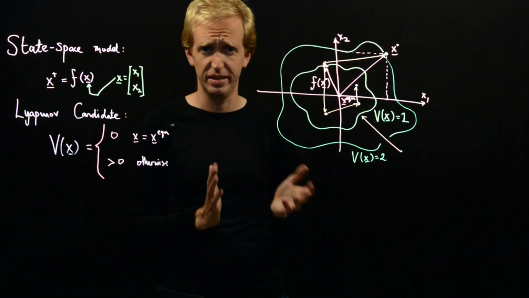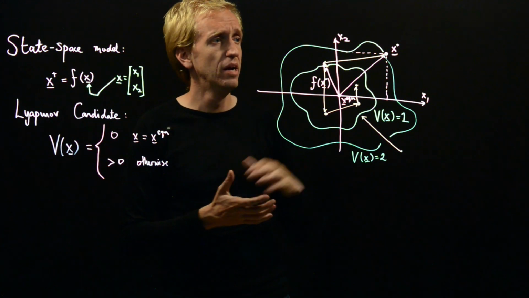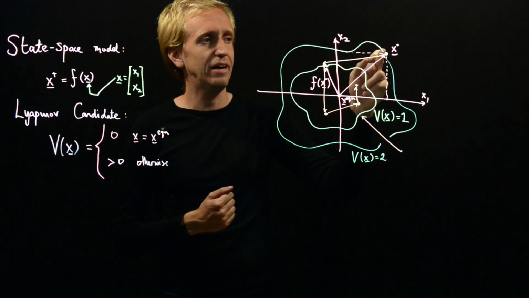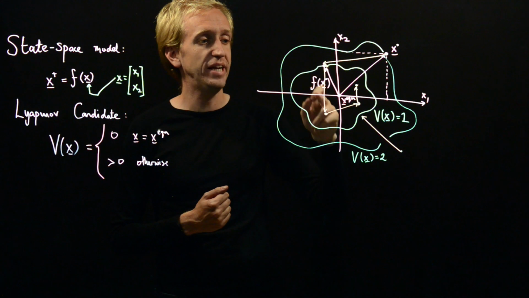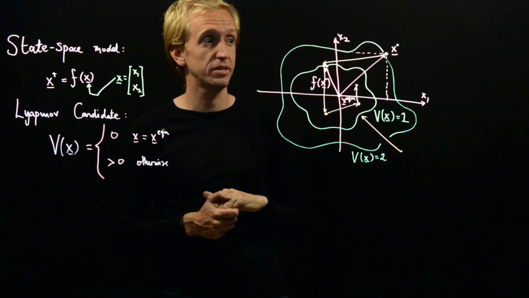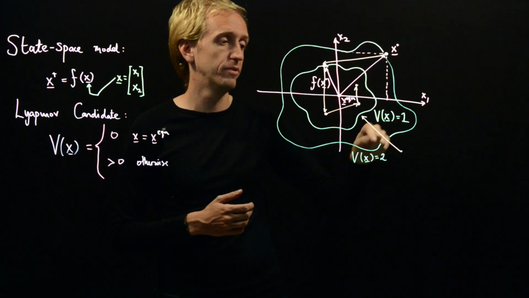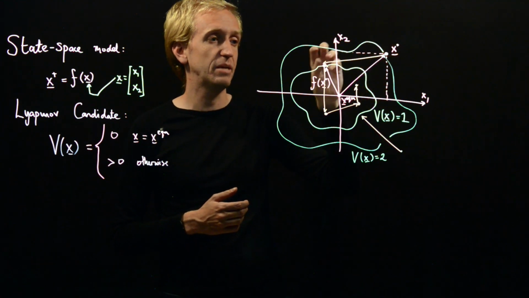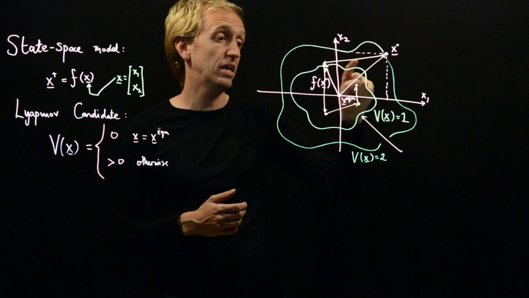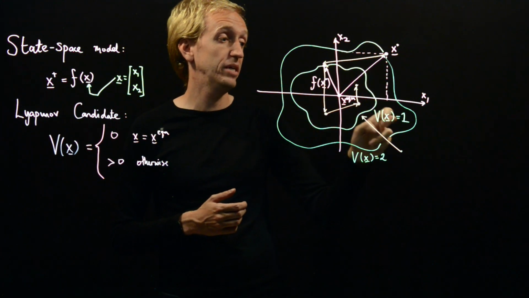So how can we use this to capture our idea of stability? Well, we do it by looking at how the value of our candidate changes along the trajectories of our system. Here we see that we started on a contour of value equal to 2, and one step into the future, we ended up on a contour of value equal to 1.